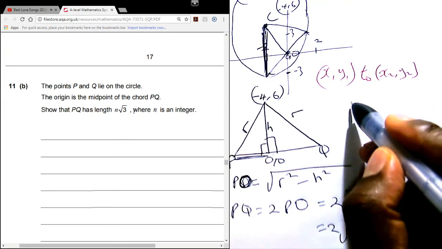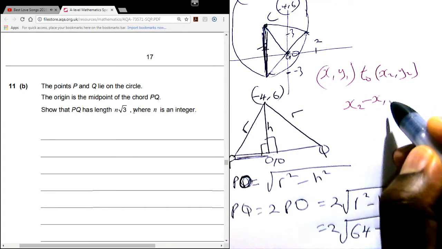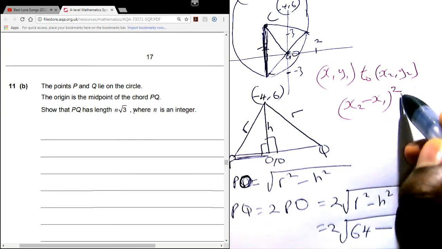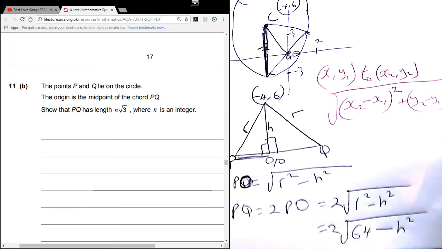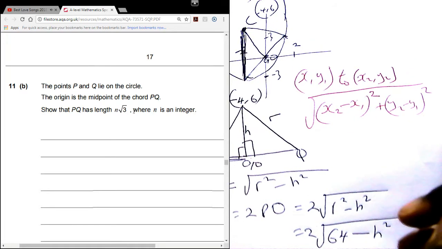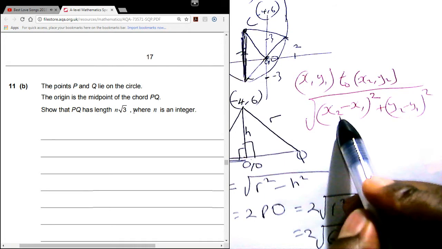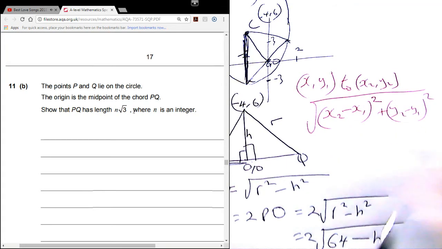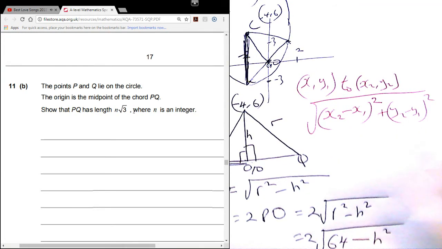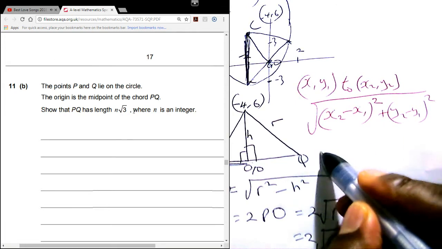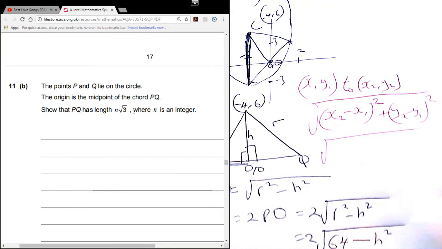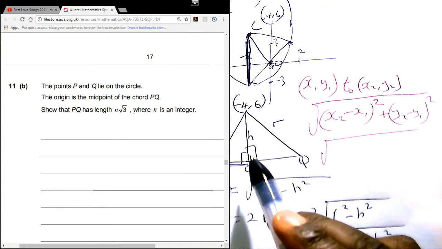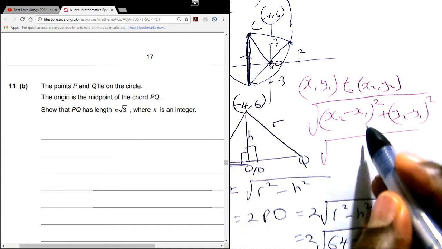So x2 minus x1 squared plus y2 minus y1 squared, and then you take the square root. The difference between their x's, the difference between their y's, squared of each. So in this case, the distance between 0, 0 and -4, 6 is 0 take away -4, and then you square that.